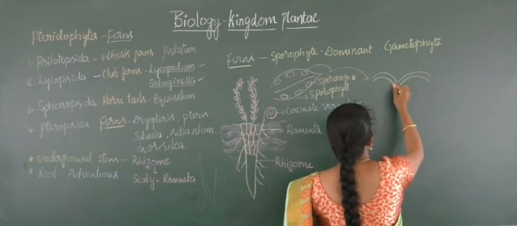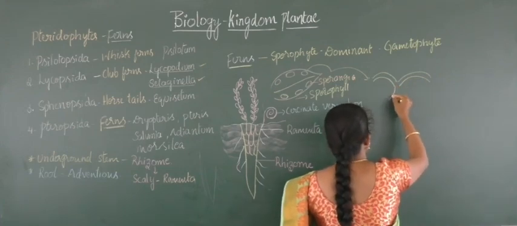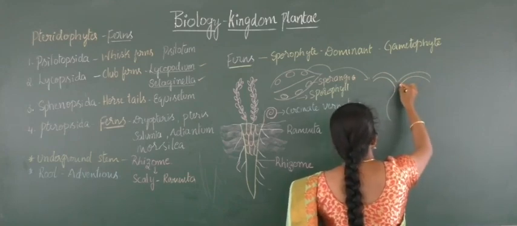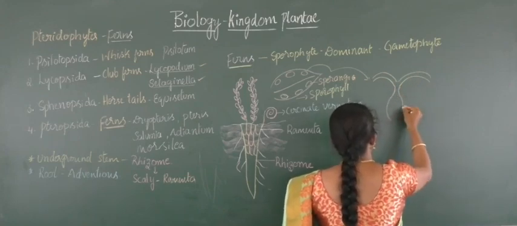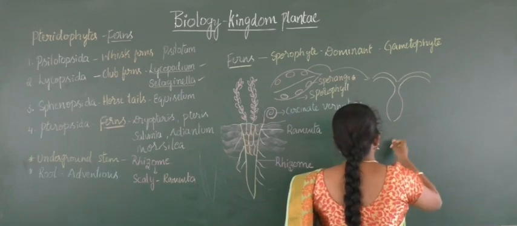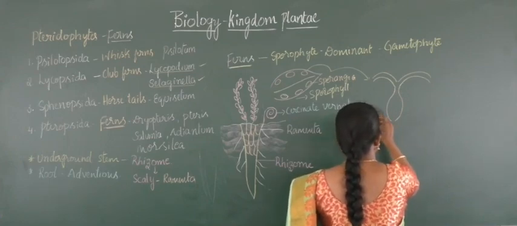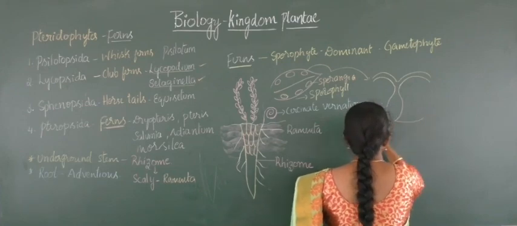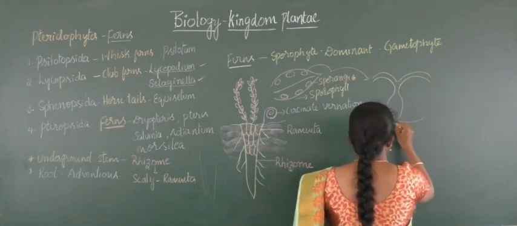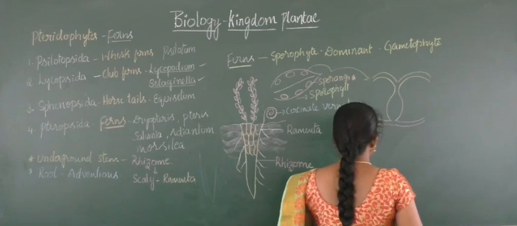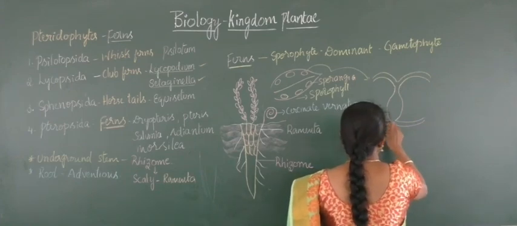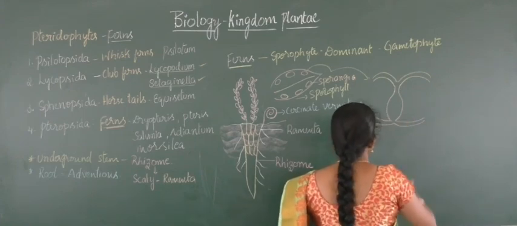And later a slightly dome-shaped structure which bears sporangia within it, and a cluster of sporangia-bearing structures are said to be sori.